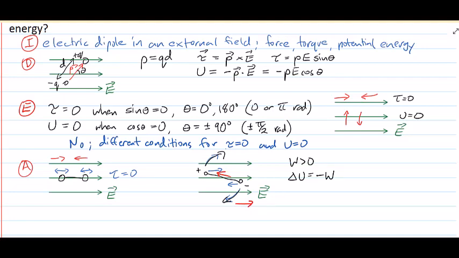However, the convenient definition for us to make for our 0 point of potential energy is when the dipole moment is at right angles to the field. That's when we've defined the potential energy to be 0. You might recall that for potential energy, we do have some leeway as to where we define our 0. And the convention that we use here is that the 0 potential energy for our dipole in an electric field is when the dipole is at right angles to those field lines. And that kind of explains why we get this result, that when our torque is 0, it's not when our potential energy is 0.